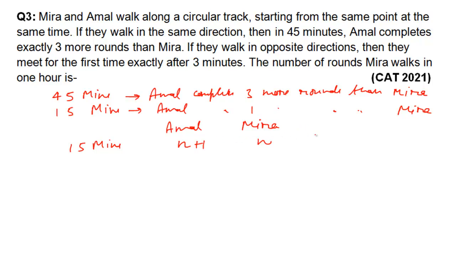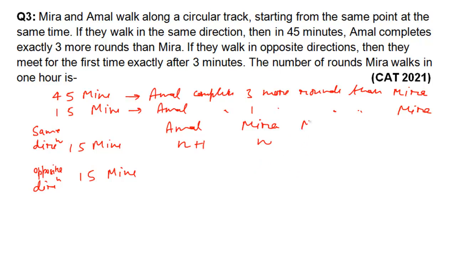And this is the situation when they are moving in the same direction, right? But when they are moving in opposite directions, in the same 15 minutes, they will meet at 2n plus 1 points.